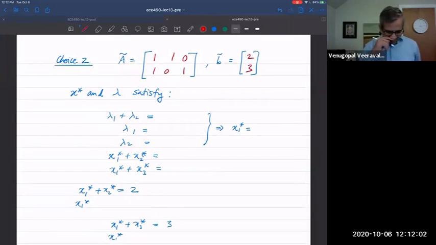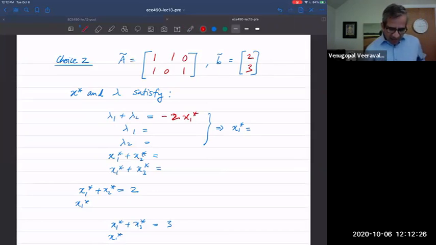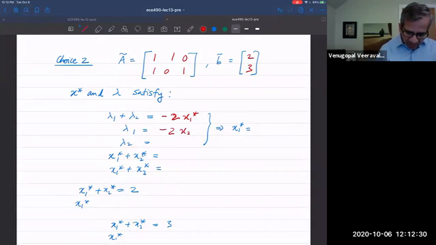Now, just plugging in, lambda 1 plus lambda 2 will be the first component of the negative of the gradient of f, which is minus 2x1 star, if you remember this. The second one will give me lambda 1 equals minus 2x2 star.